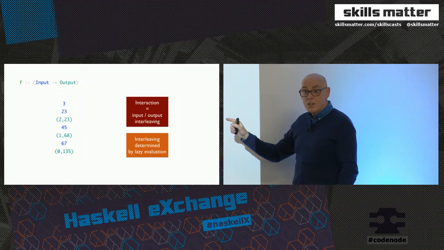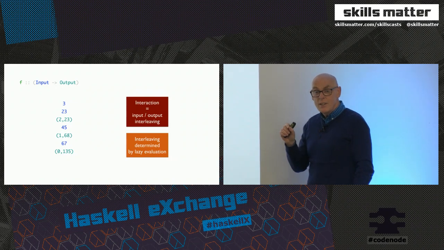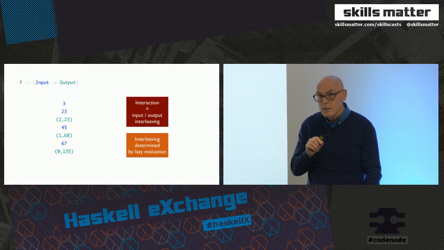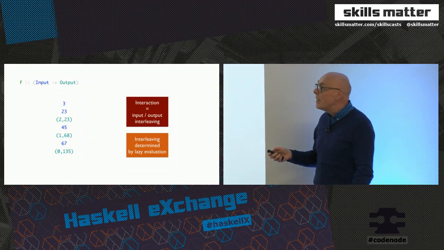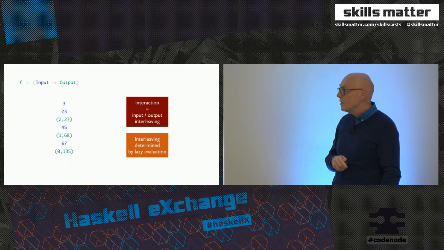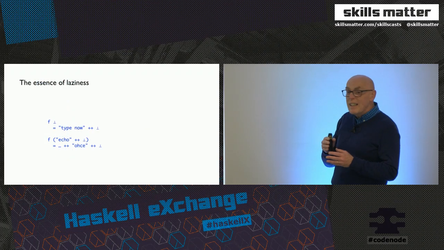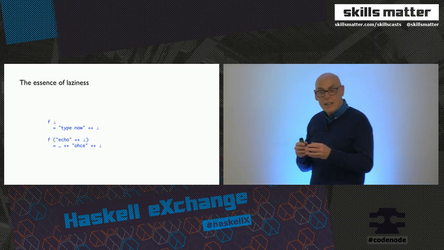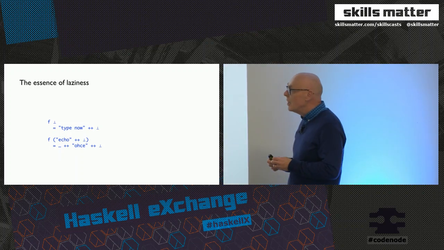And in the Haskell world, interleaving is what is determined by lazy evaluation. So the lazy behavior of the function f determines the interaction. You could say the essence of laziness is exposed in this sort of application.